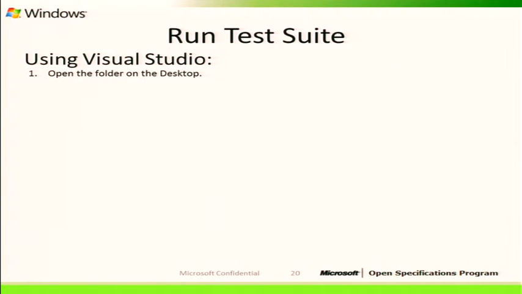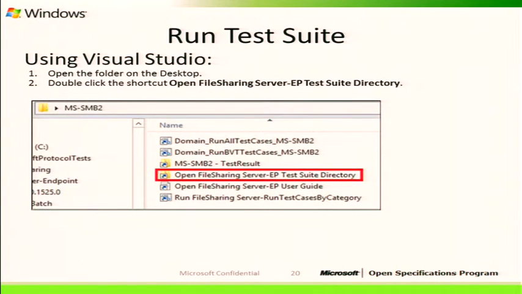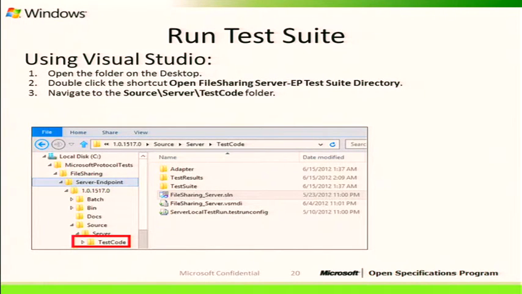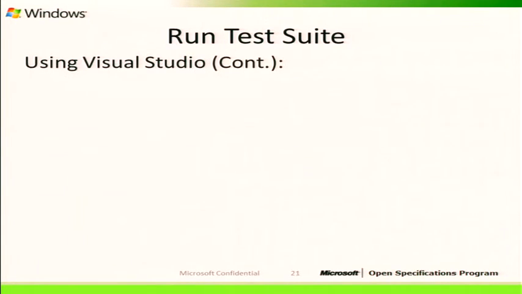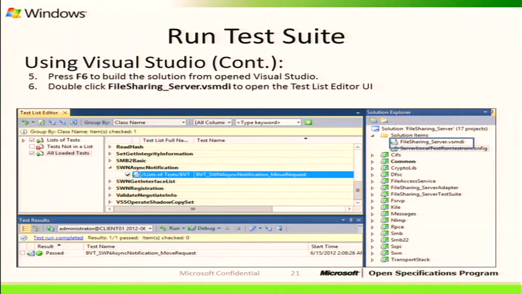To do this, we open the folder on the desktop as well, and then open the test suite directory. In the test code folder, we just double-click the solution file. After the solution is opened in Visual Studio, we double-click the VSMDI file.